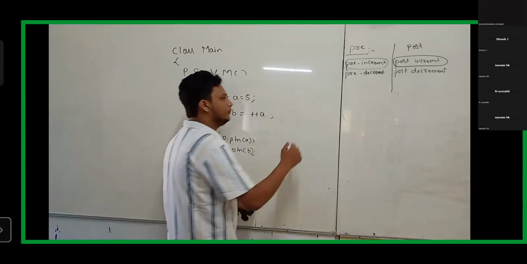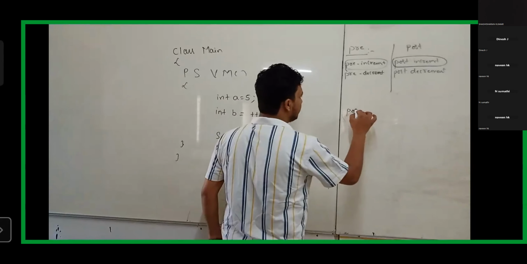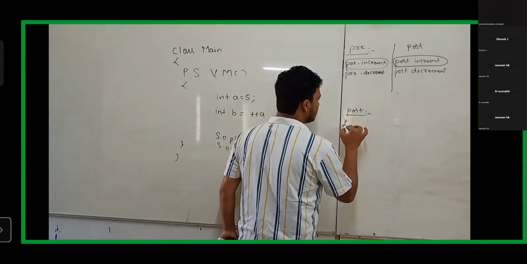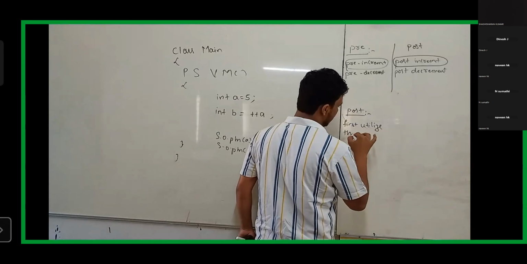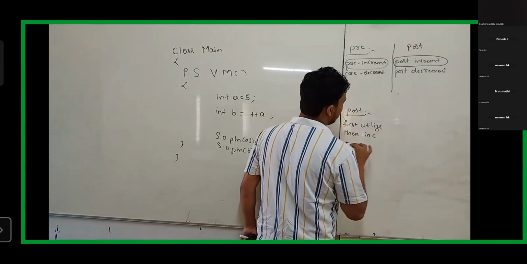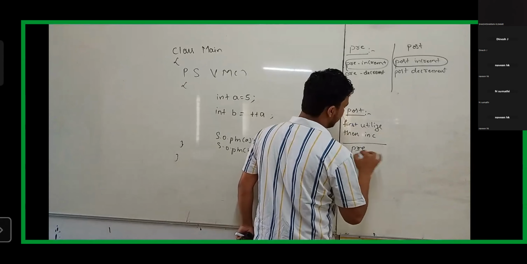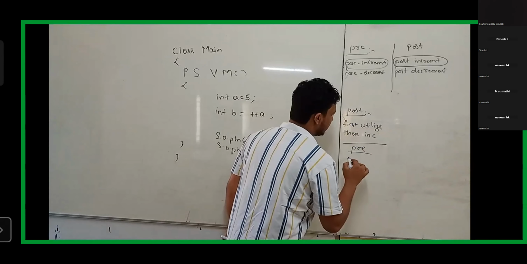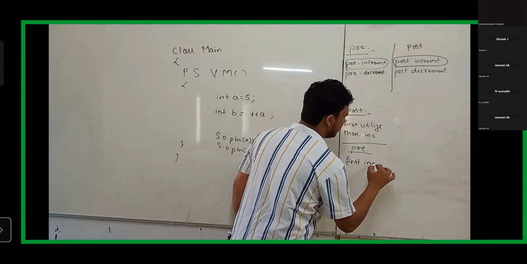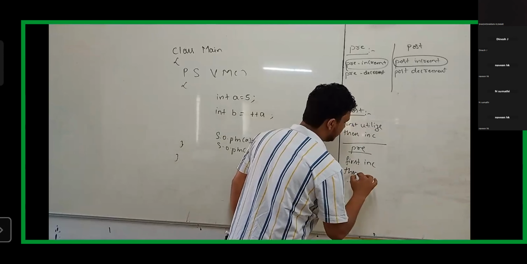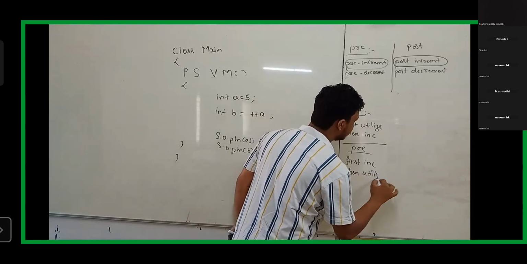For the post operation, first utilize, then increment. For the pre-operation, first increment, then utilize. This is the only change.